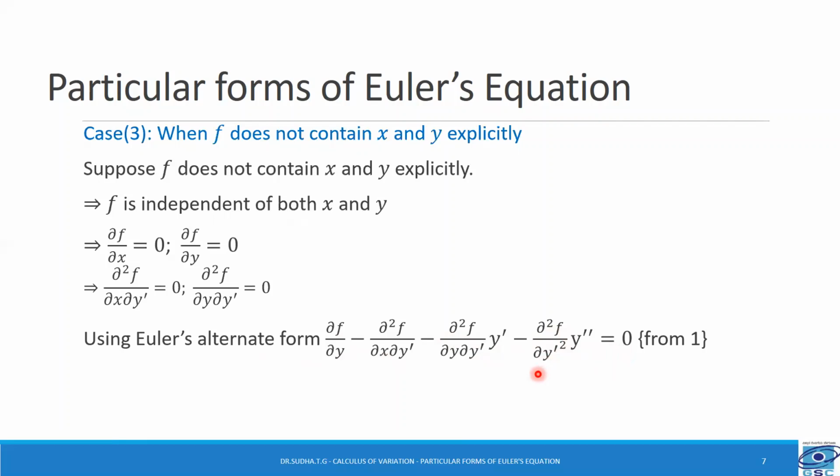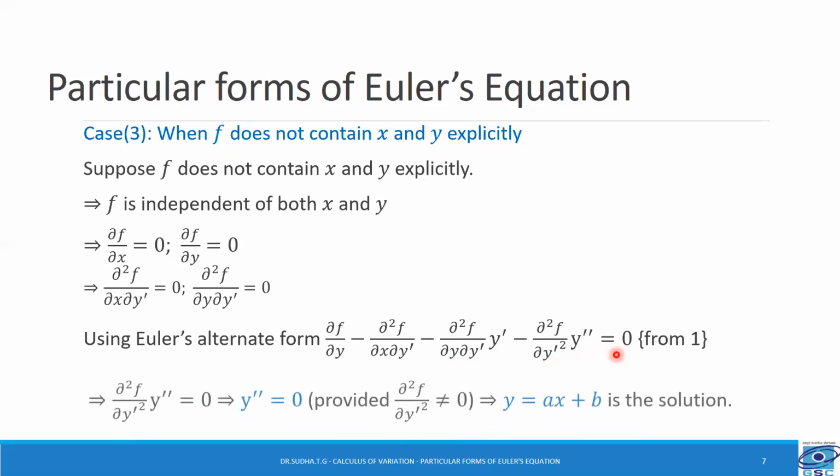Let us substitute the values of ∂f/∂y, which is 0, ∂²f/∂x∂y dash, which is also equal to 0, and ∂²f/∂y∂y dash, which is also equal to 0. So we are left with the term ∂²f/∂y dash square into y double dash equal to 0.